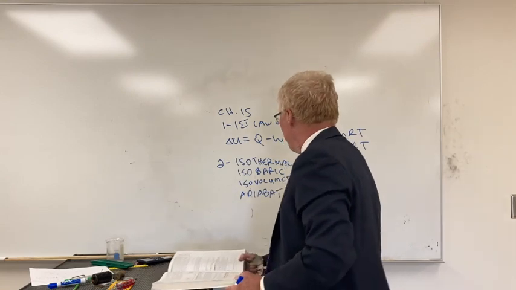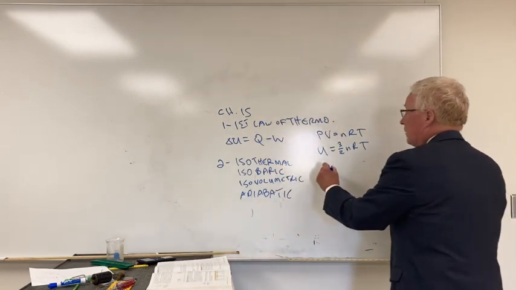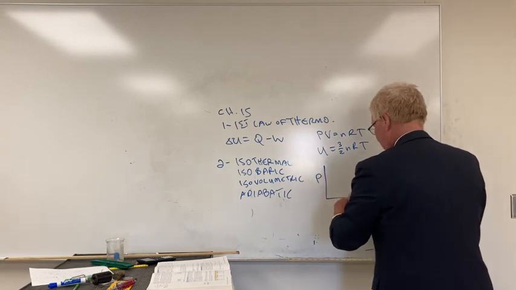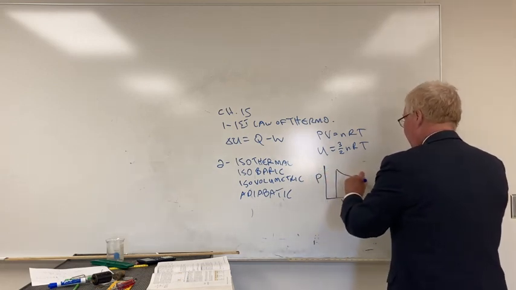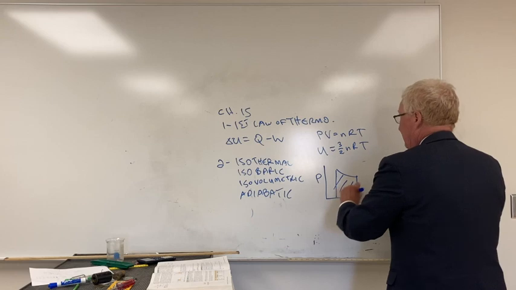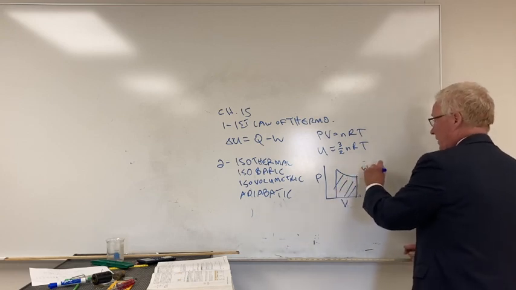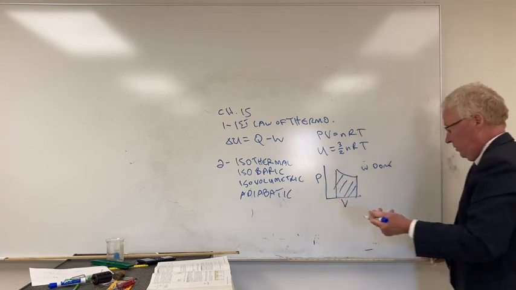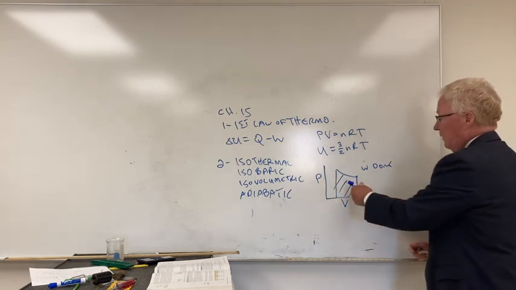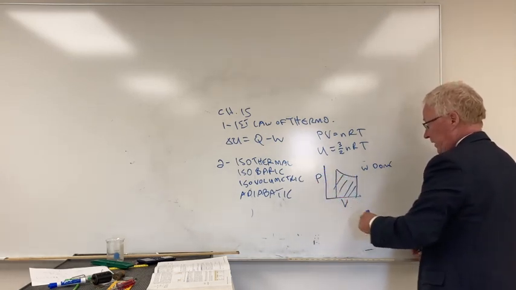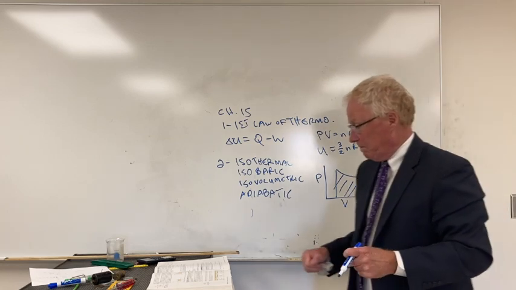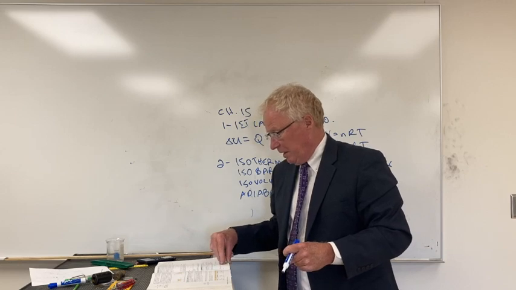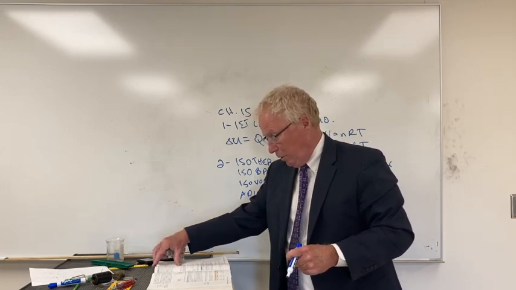And for all of this, for a PV curve, the work done is the area under the curve of this P versus V graph. Okay? So that's section 15.2.